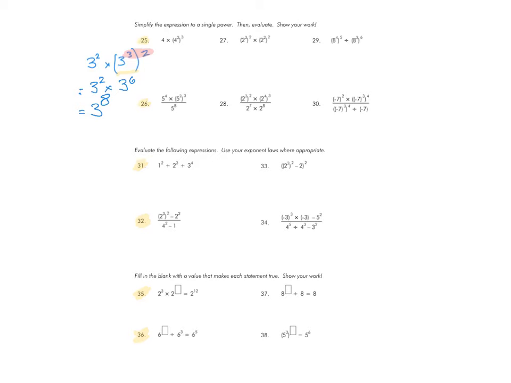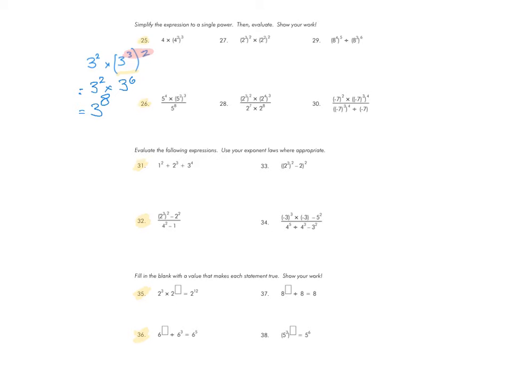Now it does say we have to evaluate, so that's when we would use our calculator and figure out what 3 to the exponent 8 is. And of course, I never expect you to know what 3 to the exponent 8 is, so you would just figure it out on your calculator, and that would be that. Okay? So that's how you do a question like 25.